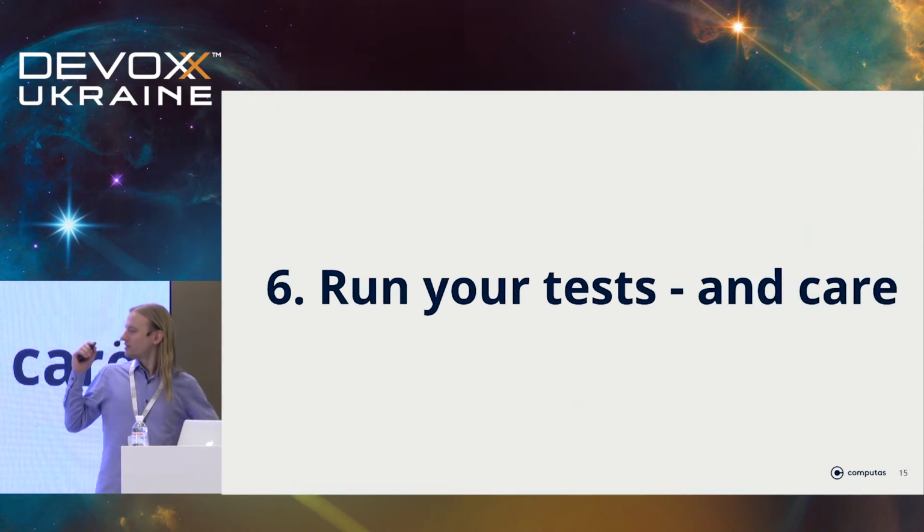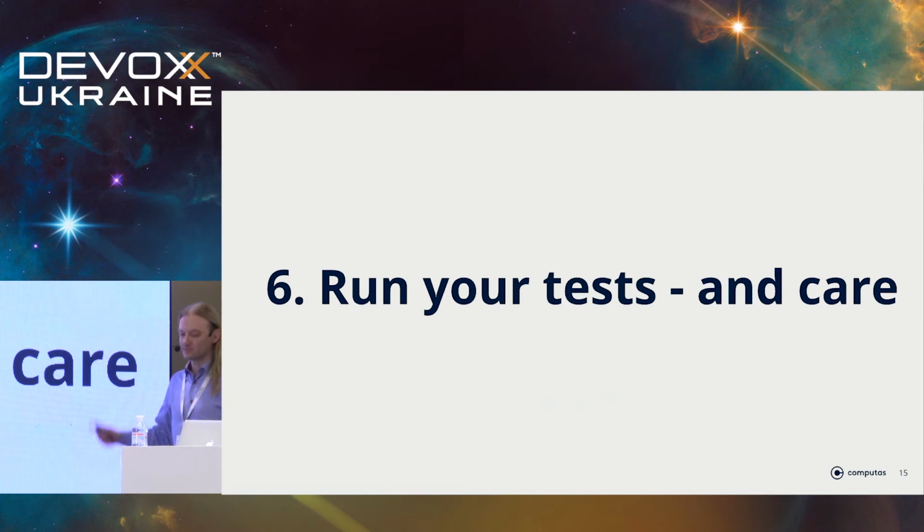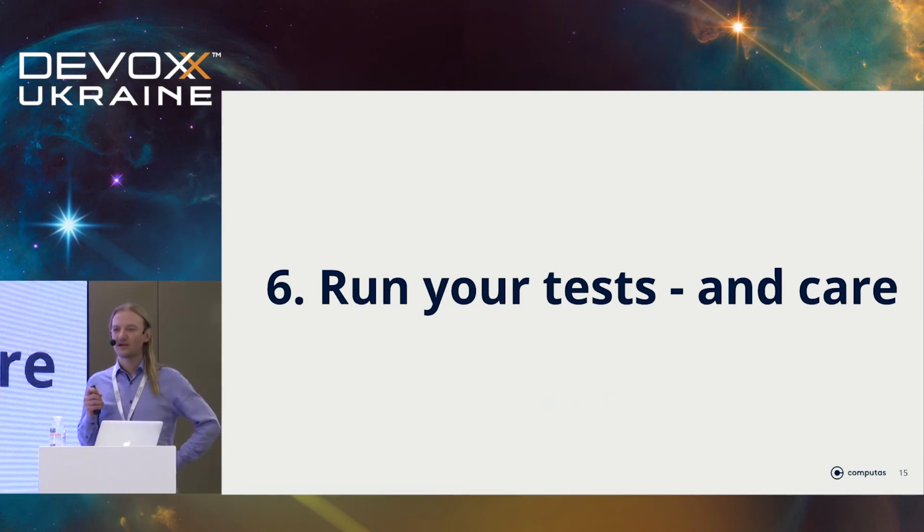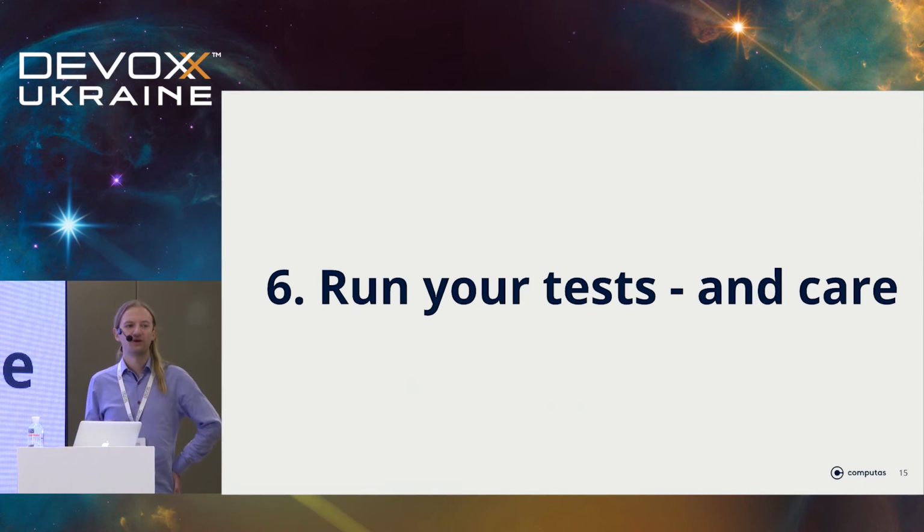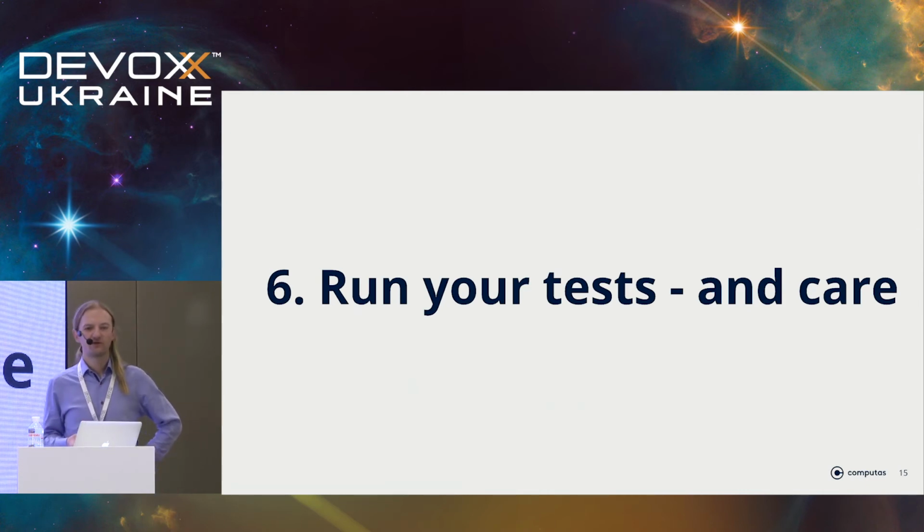Yeah, run your tests and care. The last part here is important. And I assume that all of you already have running CI servers, running your builds, Travis or Jenkins or TeamCity or whatever. And I also assume that these builds run your tests.